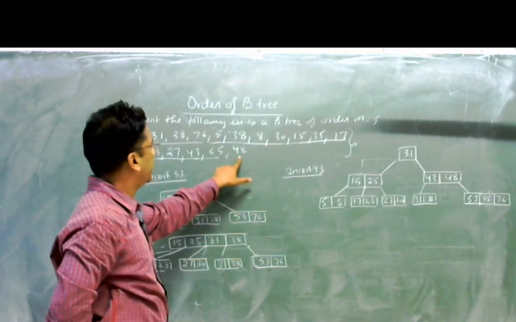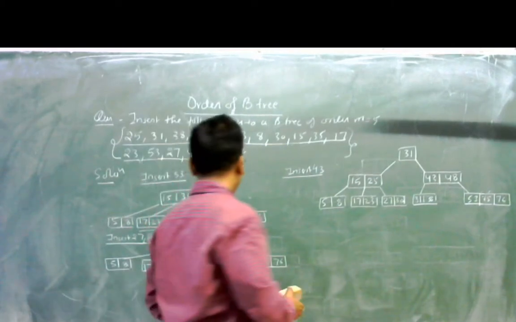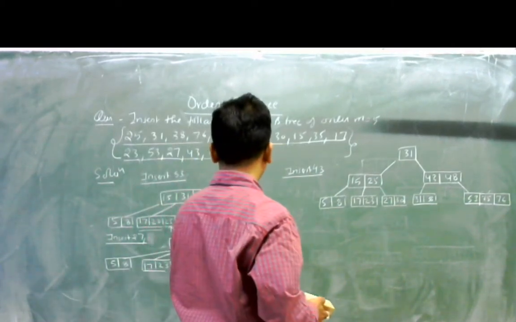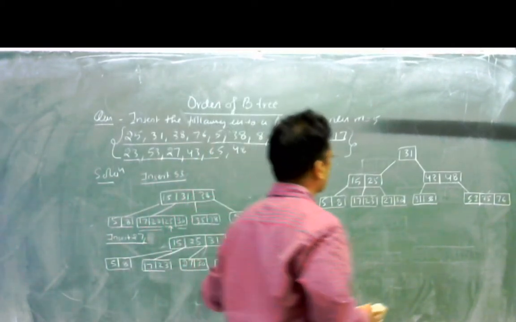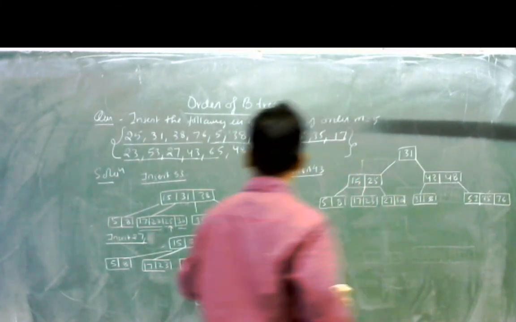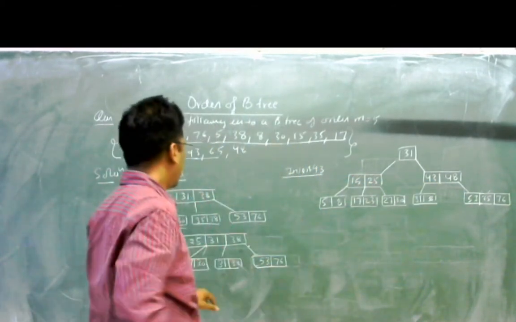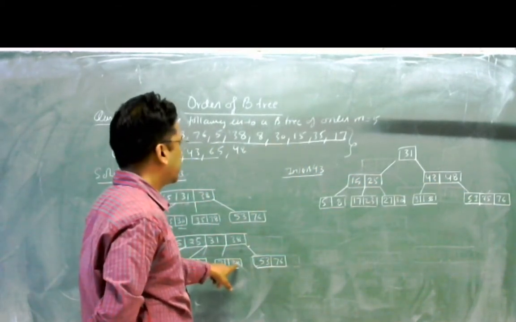But after that, when we insert the next element, it is 40. Sorry, 1 second. The element was not 48. I have written 48 by mistake here. The element is not 48.